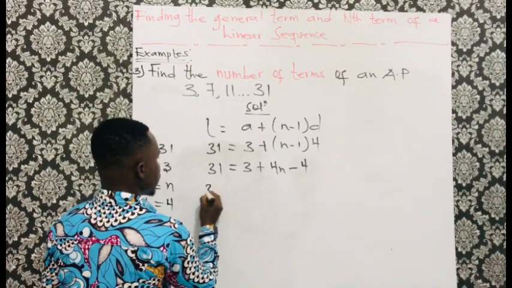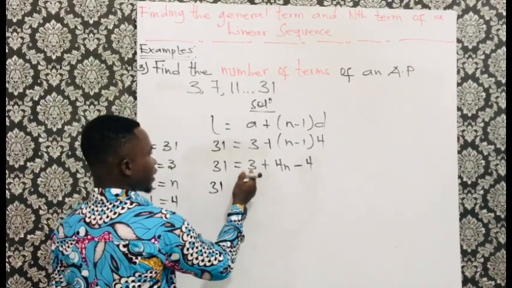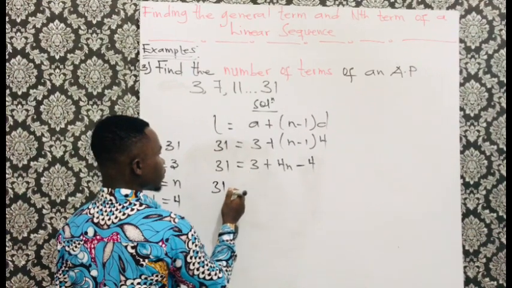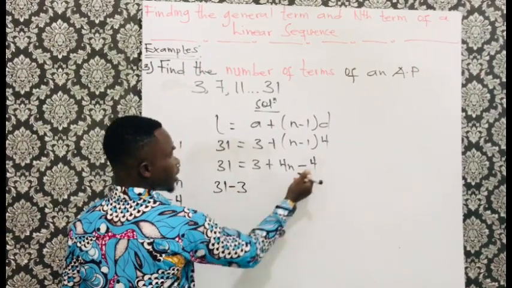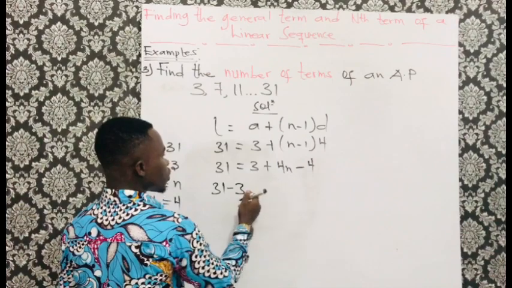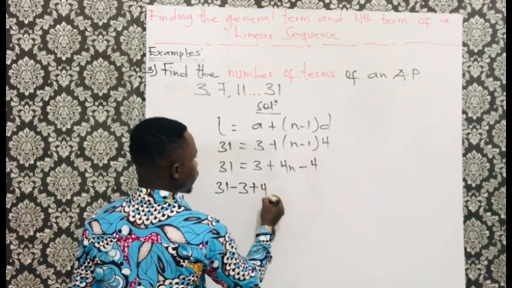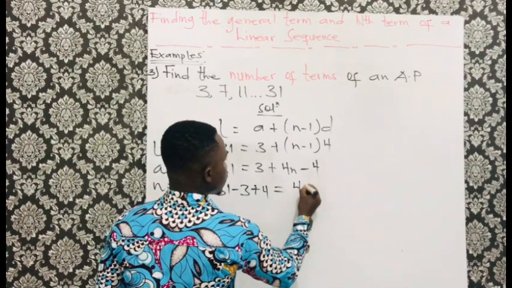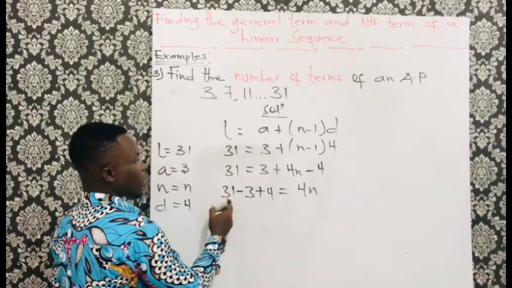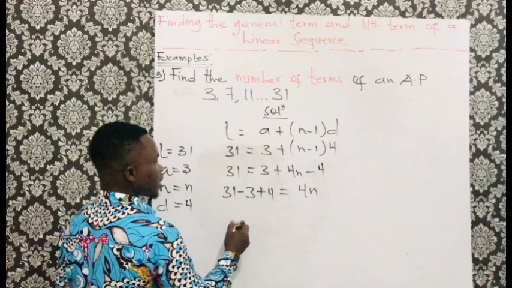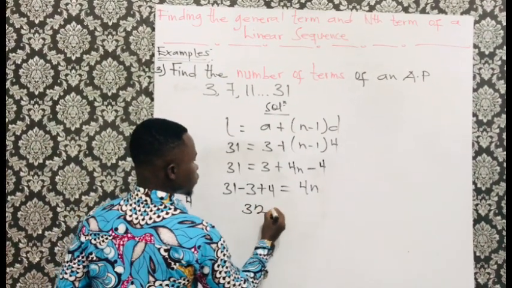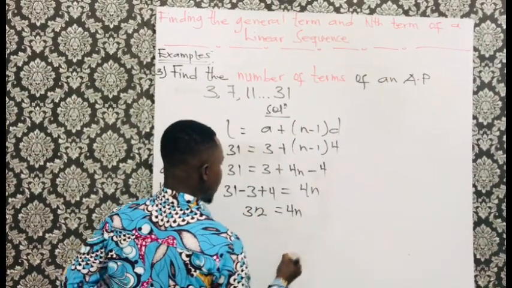So we have 31. We subtract 3 from this since it's positive. So we have minus 3. And also add 4 to this one since it is negative. So which will be plus 4 equal to 4n. 31 minus 3 plus 4 gives us 32 equal to 4n.